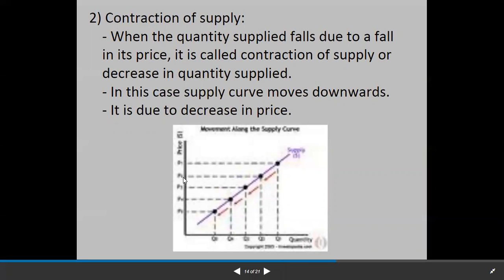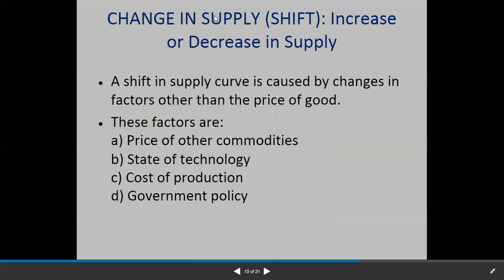When the price goes downward, the quantity is also lesser. Again the price goes down, the quantity sold is very little. This is because all of us want to earn more profit.